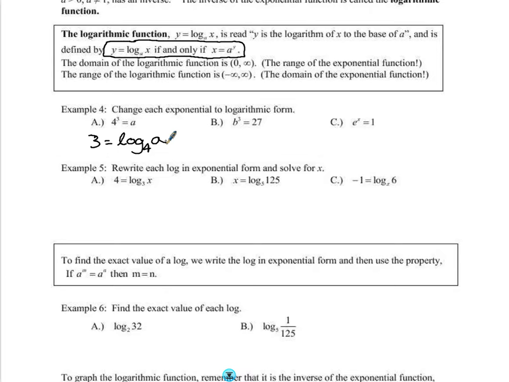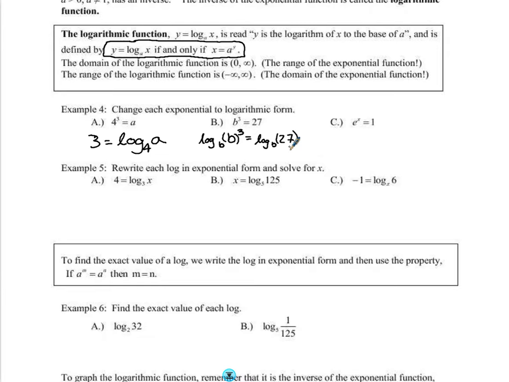Now you might not be as quick with it as I am there. So what I actually do, every time, is rewrite b here. When I see b to the third equals 27, in my head I'm kind of taking the log base b of both sides. If I take the log base b of that same base, they kind of cancel out. And what can I do with that exponent?